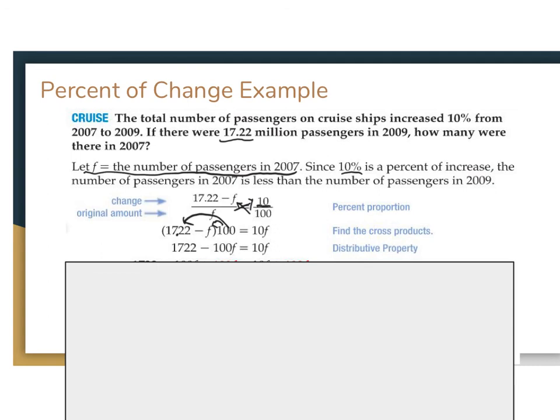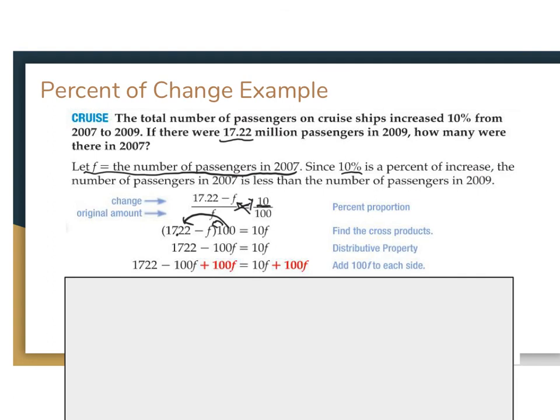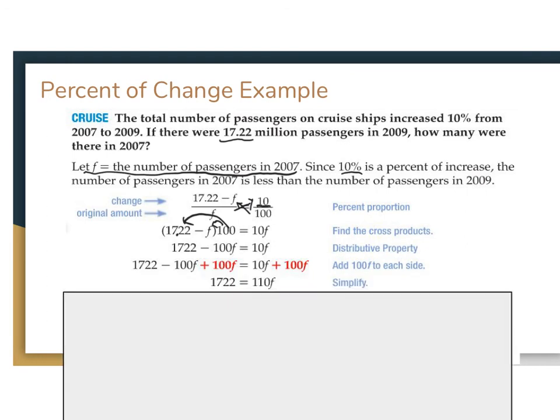And again, we're trying to isolate F. So we add 100F to both sides, and we get 1722 is equal to 110F.